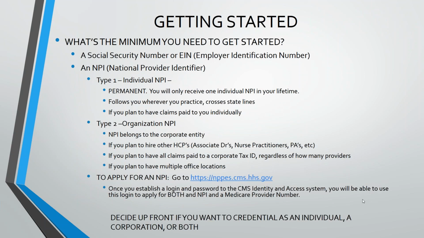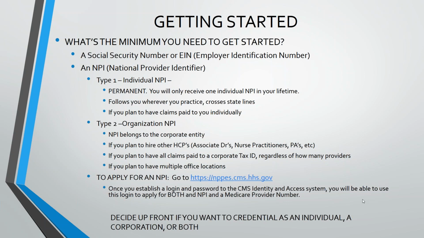So now that you've done your due diligence, you have researched the contracts that you wish to apply for credentialing on, and now you're ready to get started. So the question is, what information do you need to get started with a credentialing and contracting application?